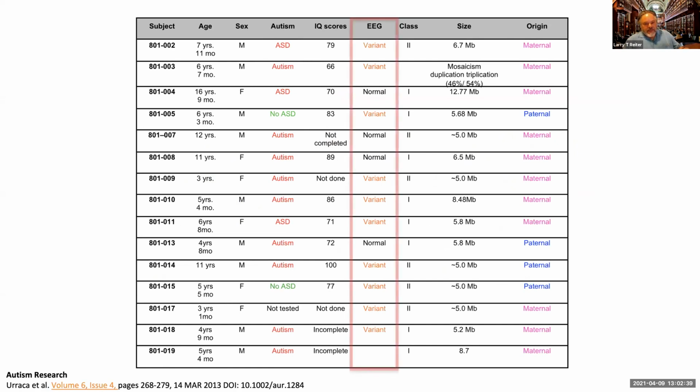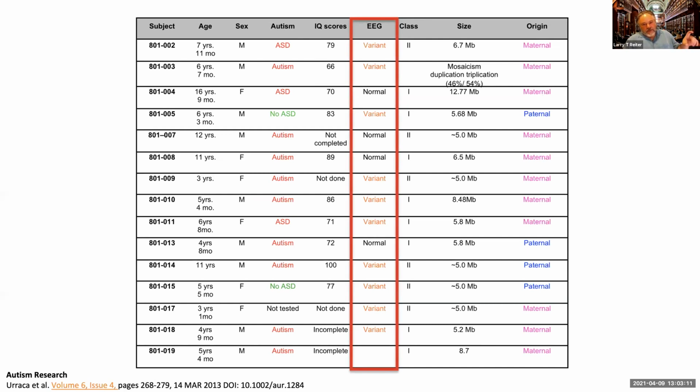And one of the things we found that has turned out to be really interesting is we found something on EEG that we thought was certainly a variant. And we didn't know if it contributed to the phenotype, but we found it in many of these kids. Some of them had paternal duplication, some had maternal duplication. And that sort of implies that UBE3A, which is maternally expressed in neurons, may be biallelically expressed in glia and contributing to the phenotype.